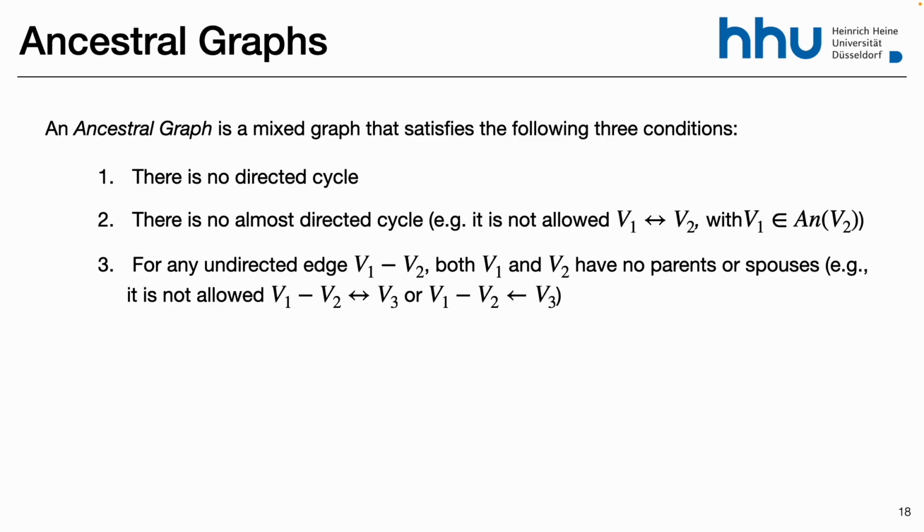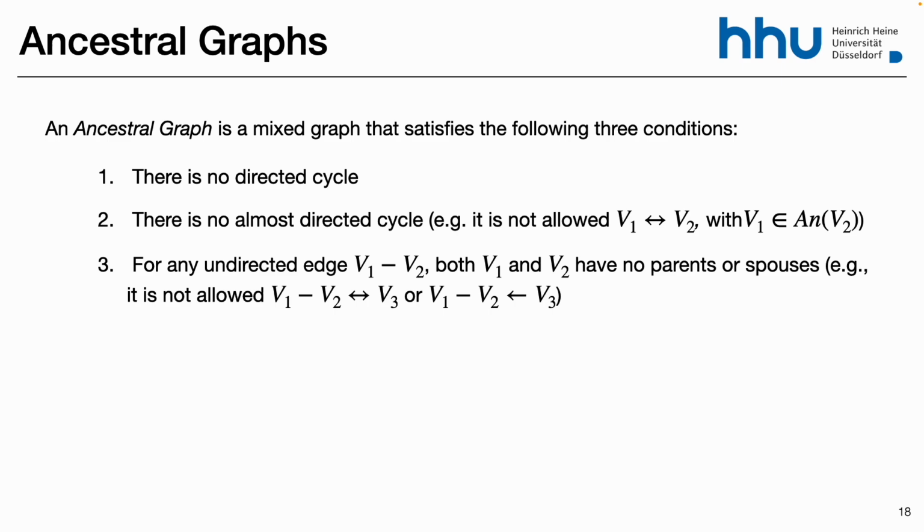Another thing that's not allowed is a parent or a spouse. If V1 and V2 are connected by an undirected edge, you cannot have an arrowhead pointing into V1 or into V2. This means that if V1 and V2 are connected by an undirected edge, they cannot have parents.